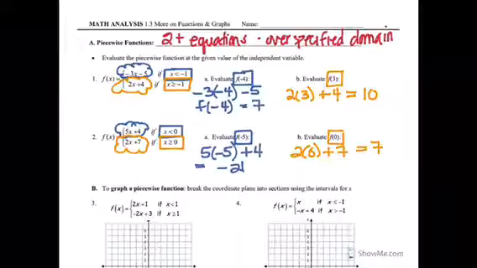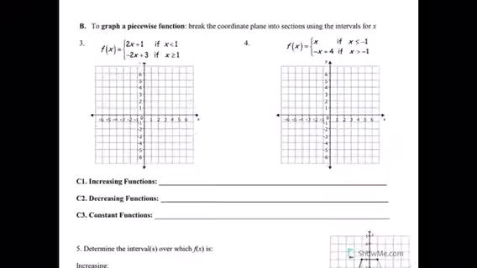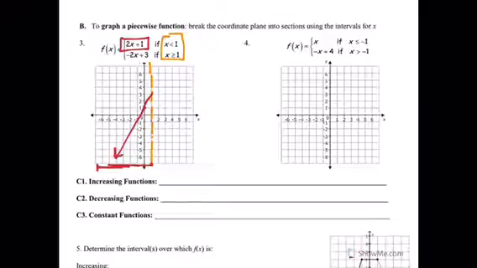So now let's take a look at graphing piecewise functions. So notice that this value is the same. That's the value that splits the domain into two half planes. So I'm going to plot that. Then on this side over here, I'm going to graph the function 2x plus 1. Remember that this is open circle and this is closed circle.